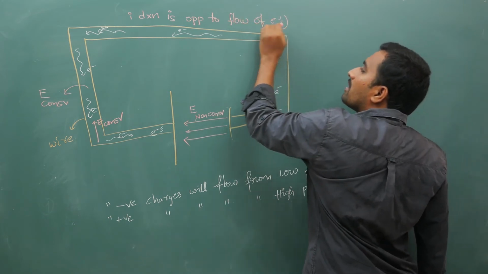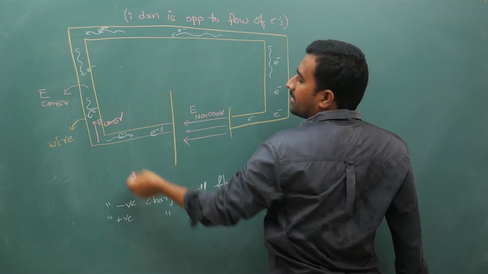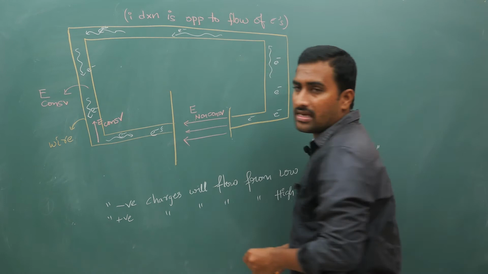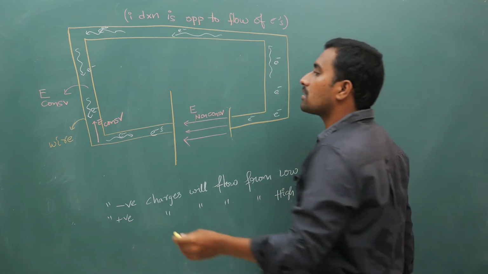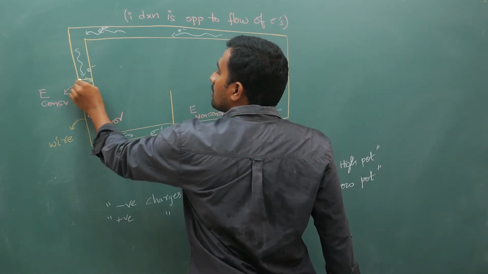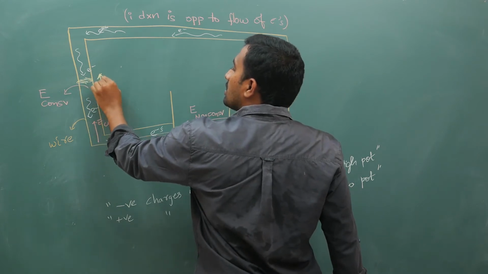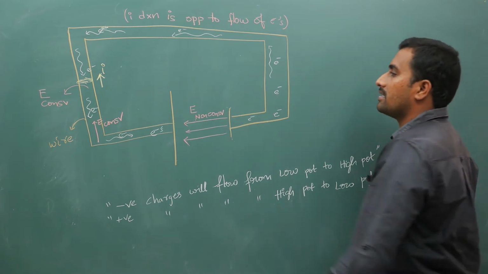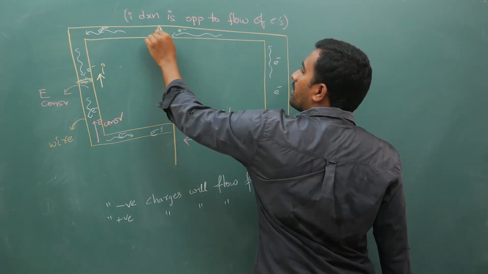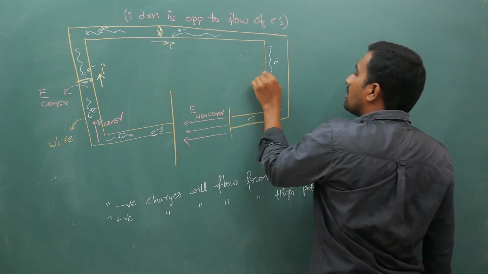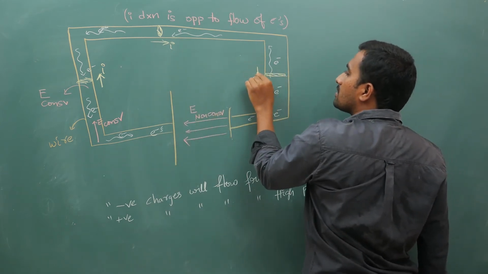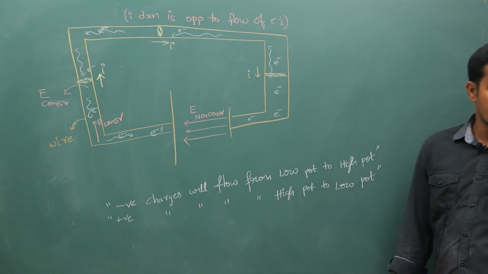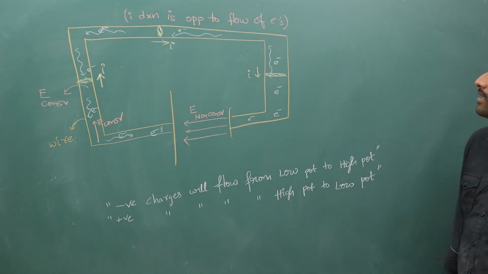So if electrons are going like this, then across this cross section your current I is going upwards like this. Here it is going like this, and your current will keep going like that.